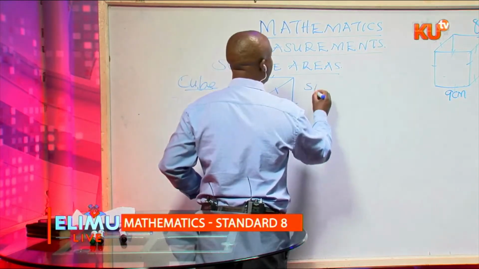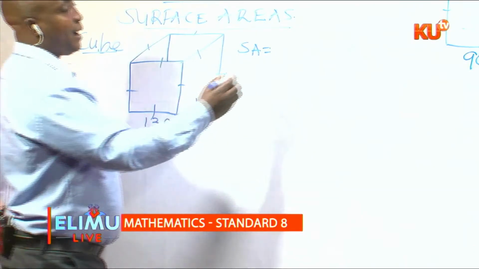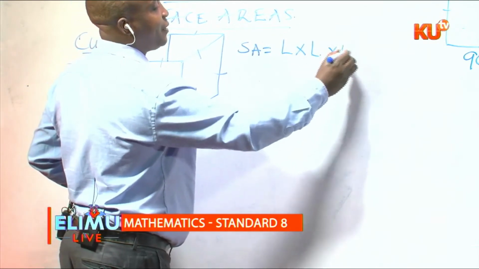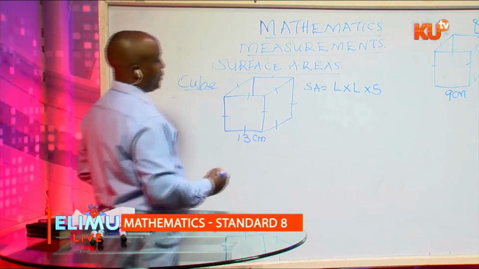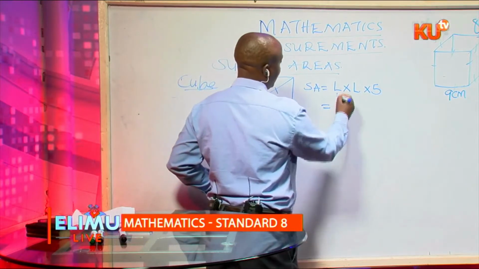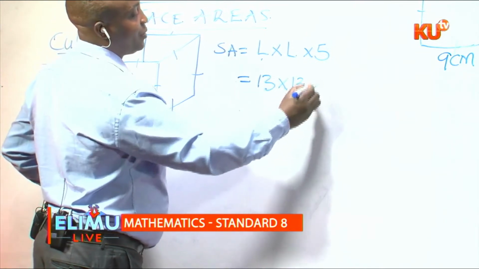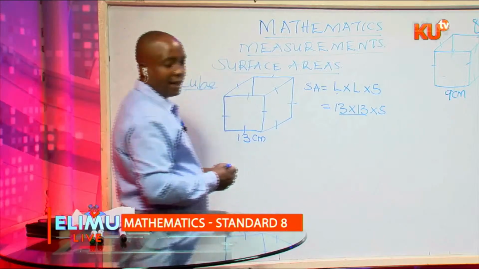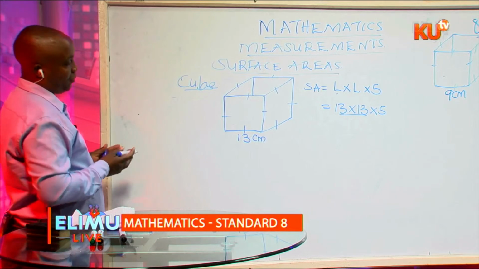So we come here, we say surface area of an open cube is equal to area of one face, that is length times length, then multiply by 5. So you're going to go and work out. Length is 13. We multiply by 13, then we multiply by 5. Remember, 13 times 13 is the area of one face of a cube.